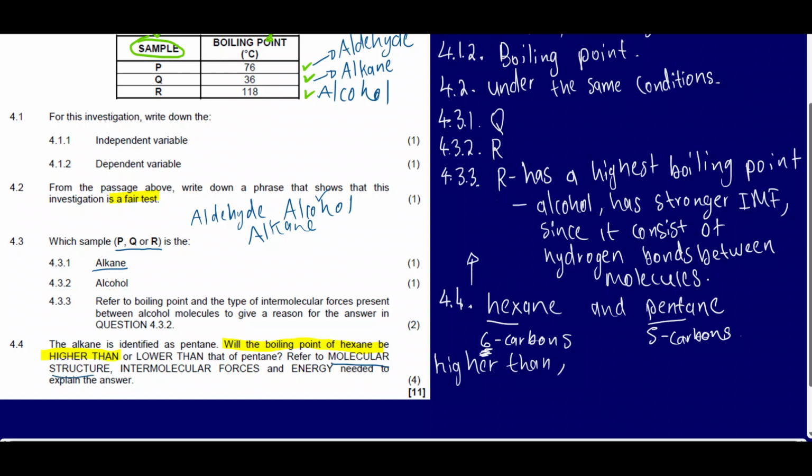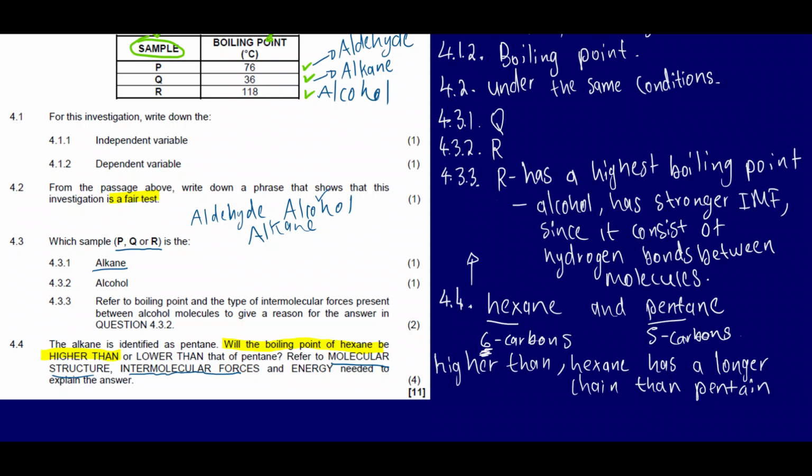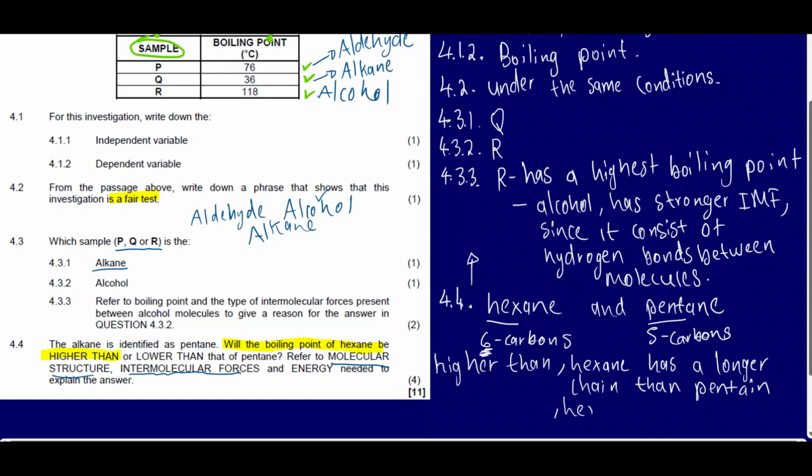So we have to explain this by taking a look at the molecular structure. The molecular structure would mention that hexane has a longer chain than pentane, right? And then we can also account for the difference in our answer by looking at the intermolecular forces.